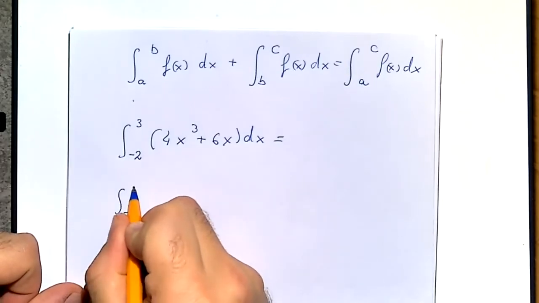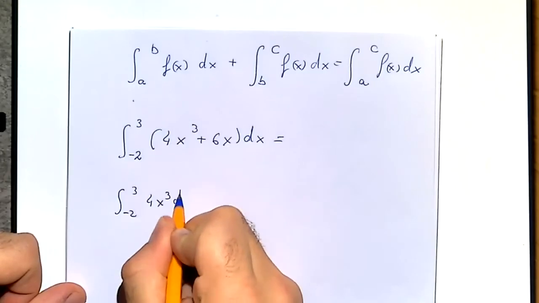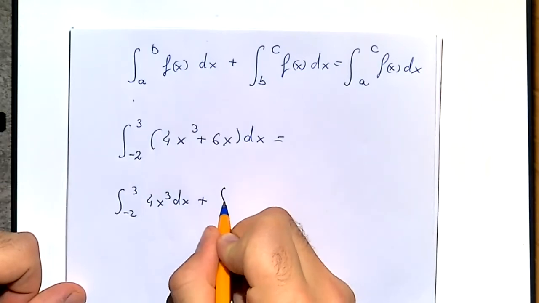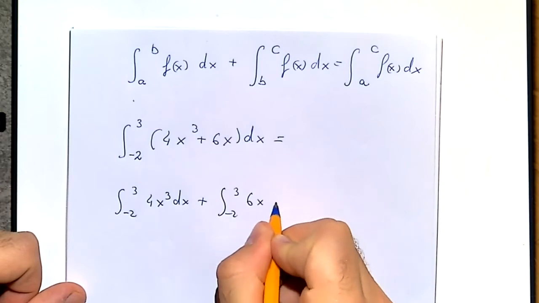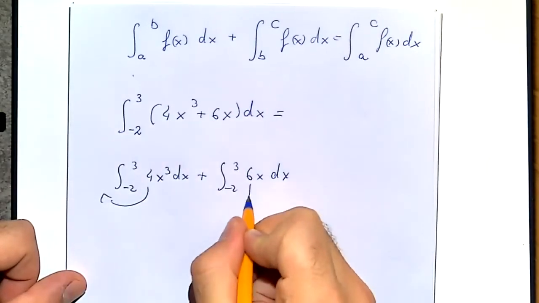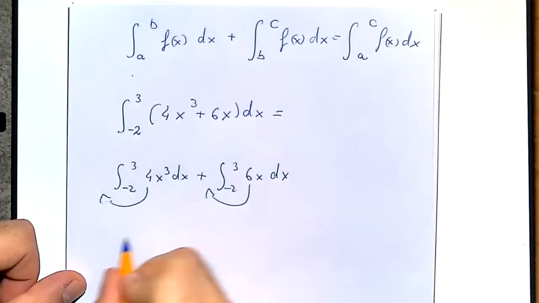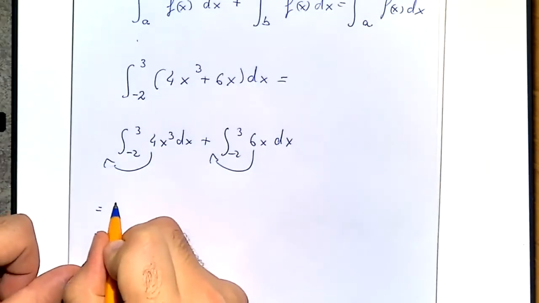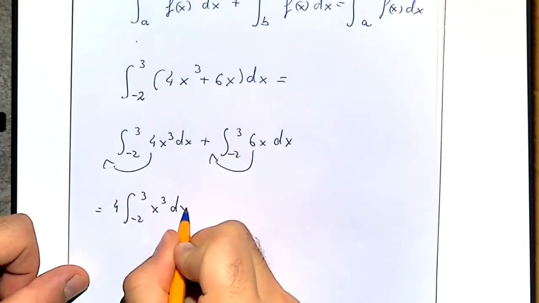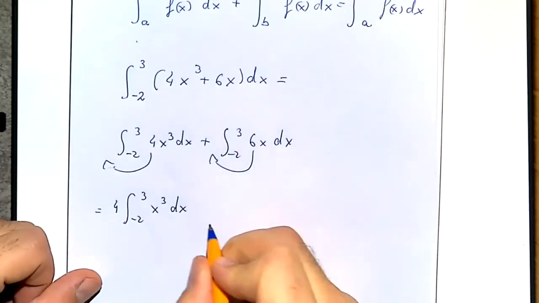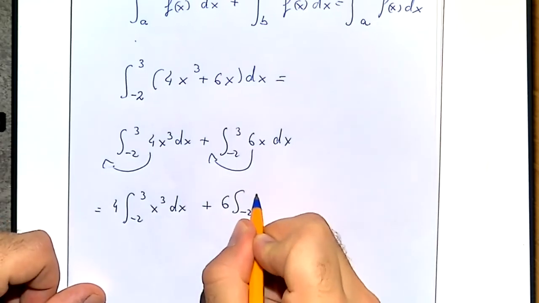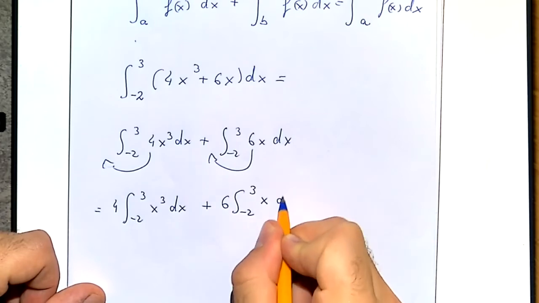So it's integral from -2 to 3 of 4x to the third dx plus integral from -2 to 3 of 6x dx. This 4 jumps in front, 6 jumps in front. So it's equal to 4 times integral from -2 to 3 of x to the third dx plus 6 times integral from -2 to 3 of x dx.